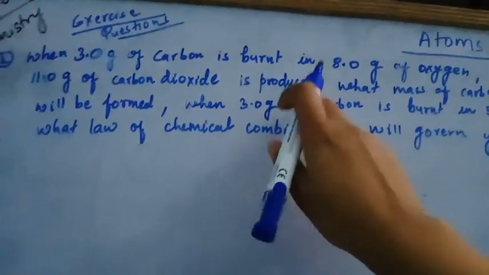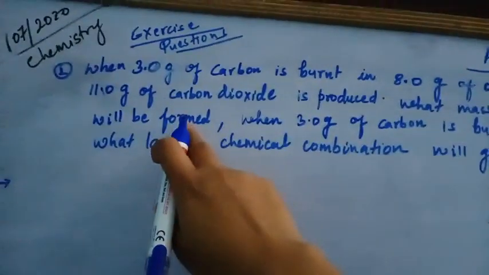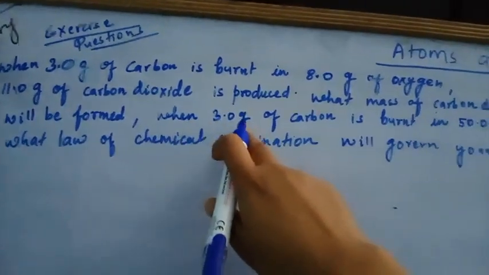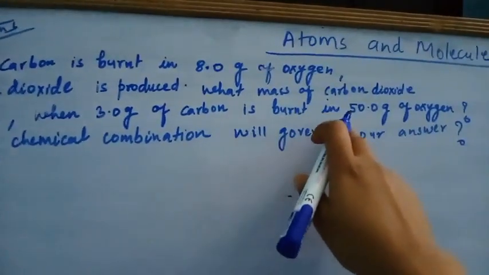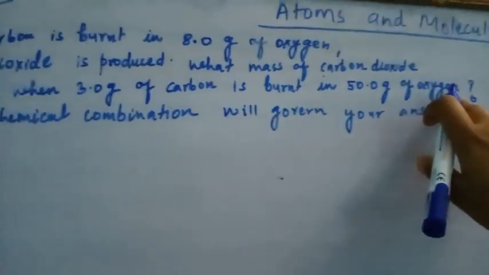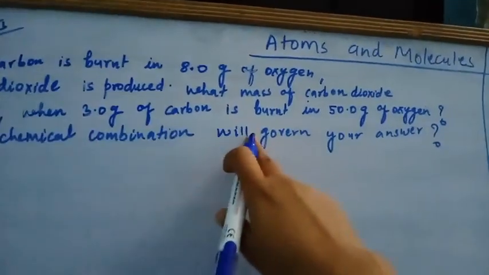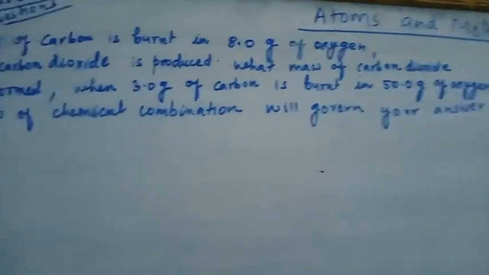What mass of carbon dioxide will be formed when 3 gram of carbon is burnt in 50.0 gram of oxygen? And what law of chemical combination will govern your answer?